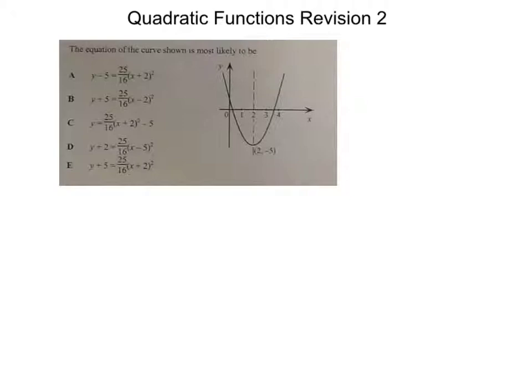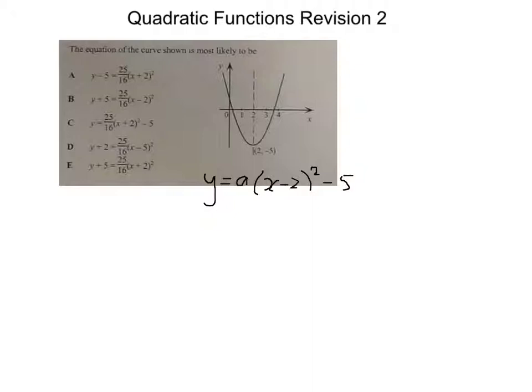So if I was to look at this, I don't know what our shape coefficient is going to be, but it's going to have a general form of y is equal to a x minus 2 squared plus, sorry, not plus 5, because it's negative, it's take away 5.